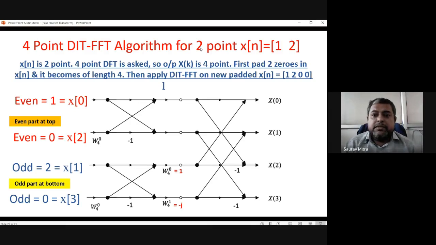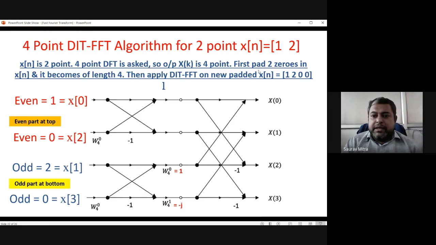So first what you have to do is you have to convert this 2-point sequence into 4-point sequence. For that we can add 2 zeros here. By giving the same 1 and 2, I can ask you to find out 8-point DFT. In that case, you have to pad 6 zeros afterwards and make the sequence as 1, 2, and after that 6 zeros, and then you can find 8-point FFT for the same.